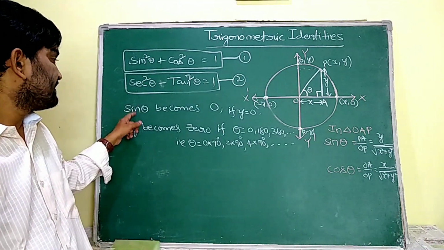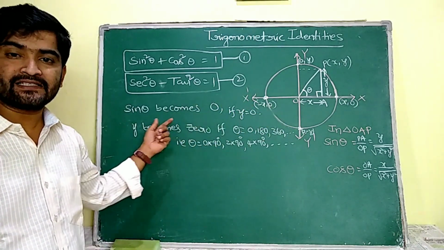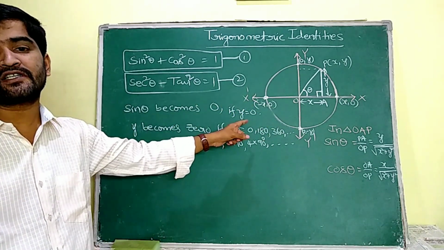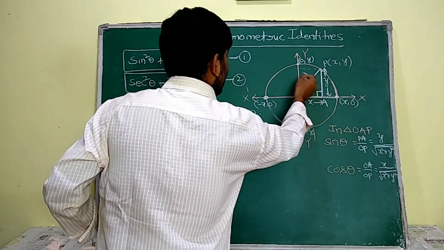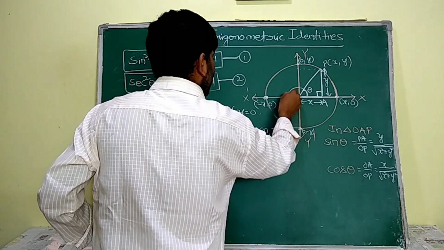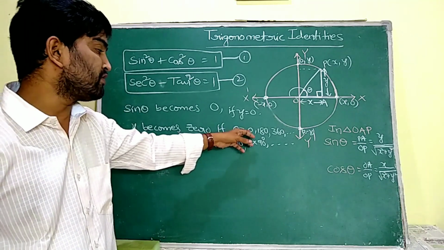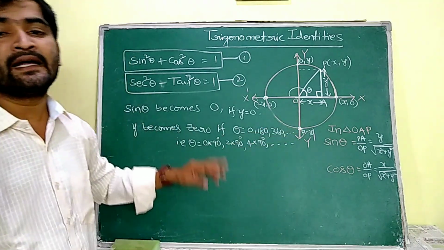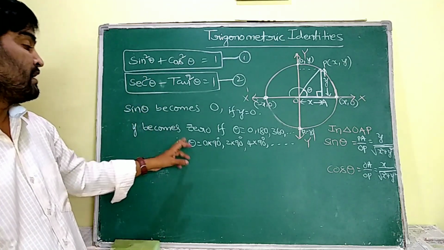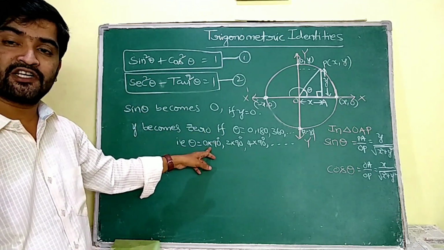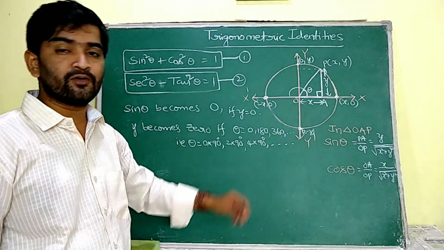As we discussed, sin theta becomes 0 if y is equal to 0, and this y becomes 0 if theta is equal to 0, 180, 360, and so on. 0 can be expressed as 0 into 90, 180 as 2 into 90, 360 as 4 into 90, and so on.